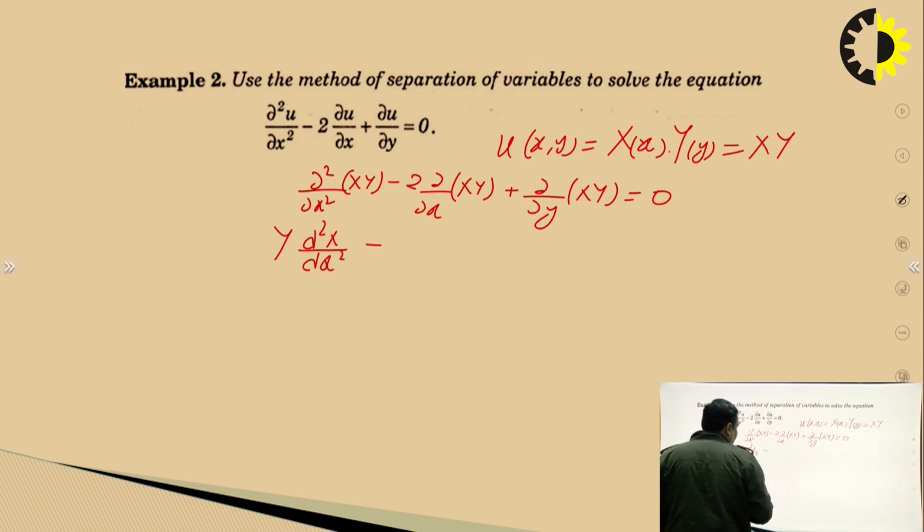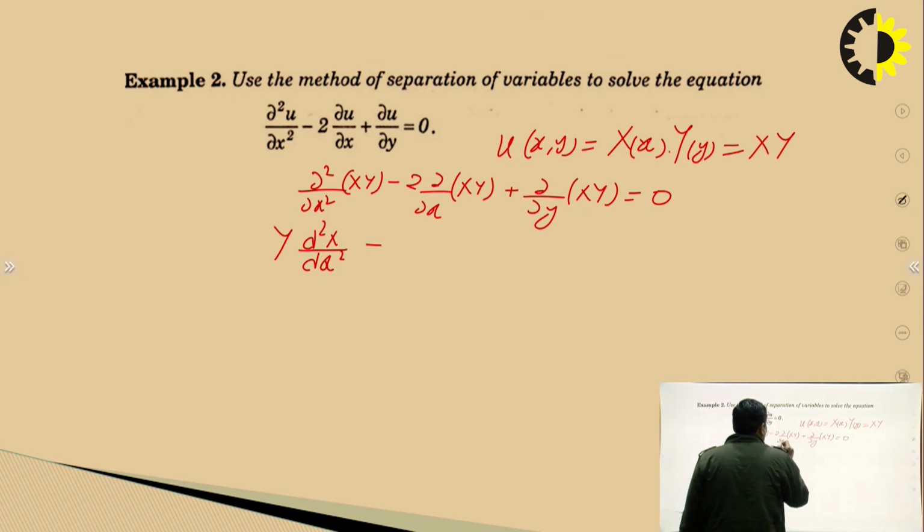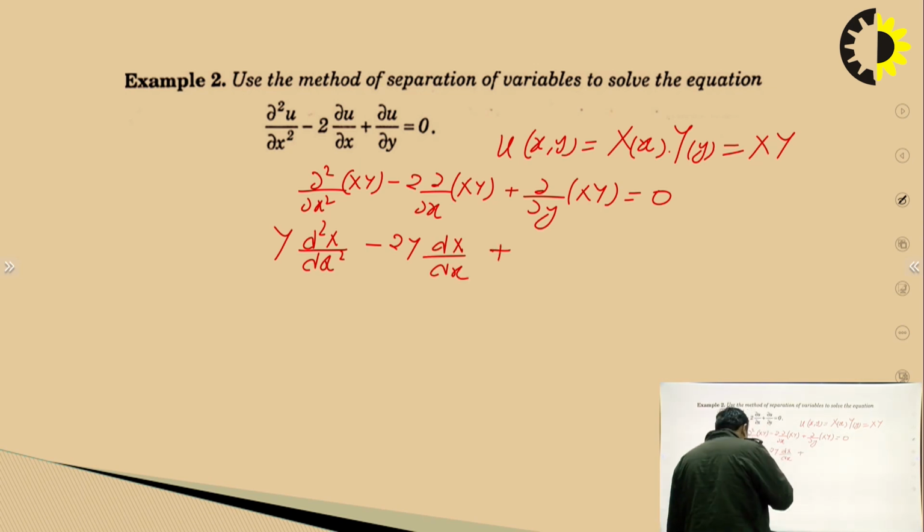In the second term the order is in small x, so here also Y is a constant, and in the last term the order is in small y, so capital X is constant.